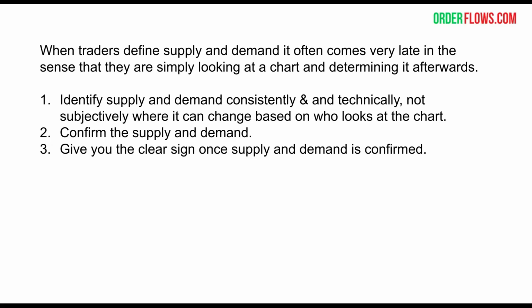When you have to put it into a program, it's binary, zeros and ones, and you can't take that subjectivity that you would have just by looking at a chart, where today you consider this a supply and demand zone, and then tomorrow you wouldn't. That's not how you should be approaching the market. You have to have an objective way, not a subjective way, of identifying supply and demand.